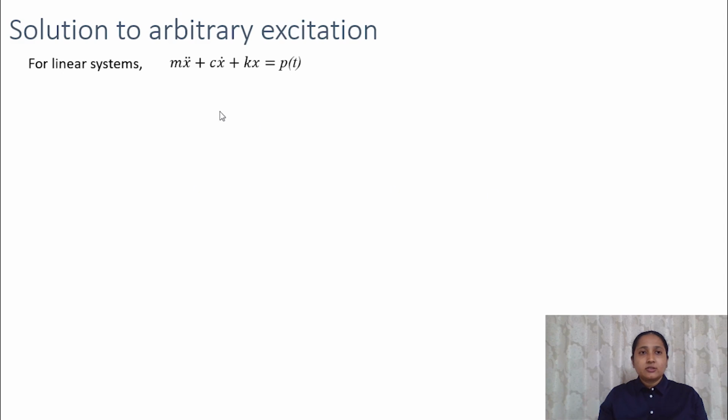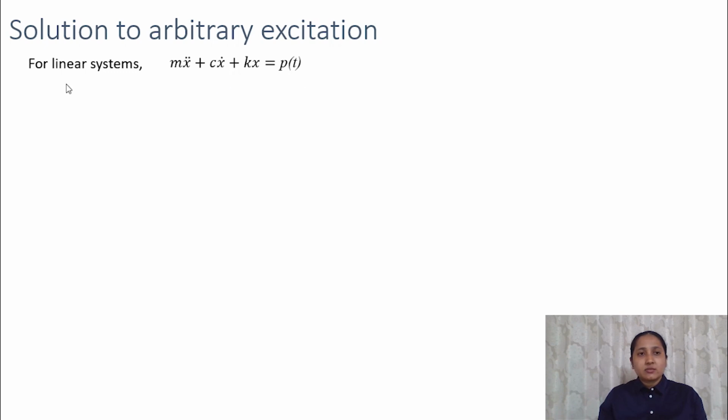Now let's see the solution of a single degree of freedom system to an arbitrary excitation. As we have seen earlier, this is the equation of motion of a linear system under arbitrary excitation. So this is m x double dot, that is the inertia force, plus c x dot, that is the damping force, plus k x, that is the spring force, is equal to the arbitrary force.